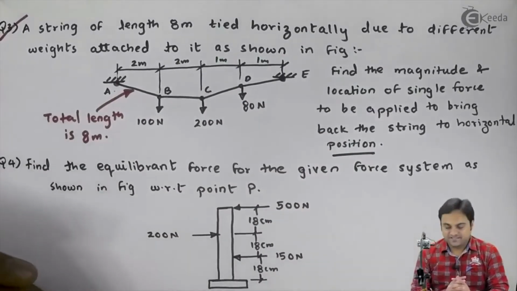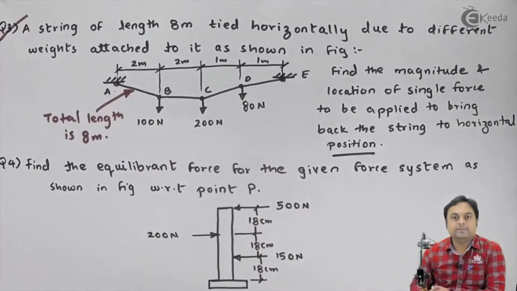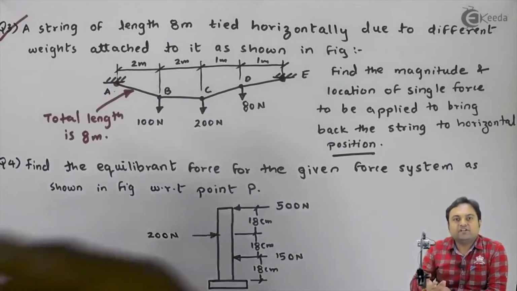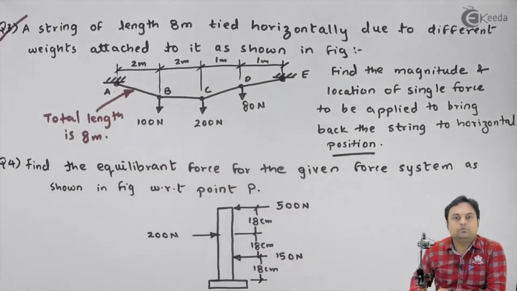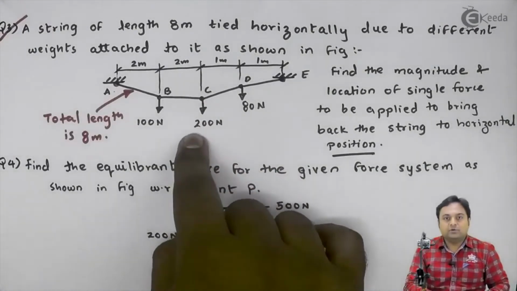Try to understand this concept. Here we have three loads, 100, 200 and 80. Because of these three loads, we can find one single load whose effect would be to pull this string down. First I will calculate that force which is bringing the string downward.